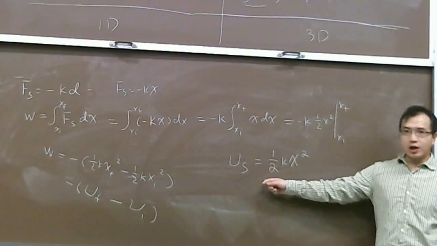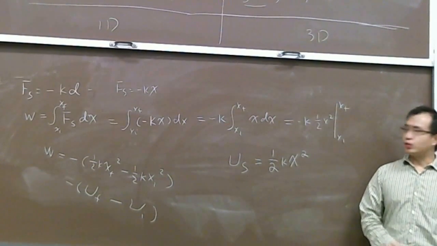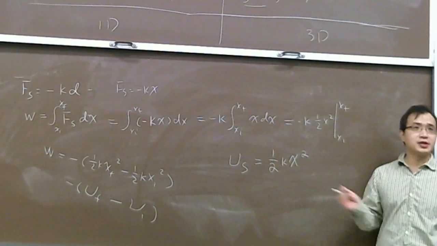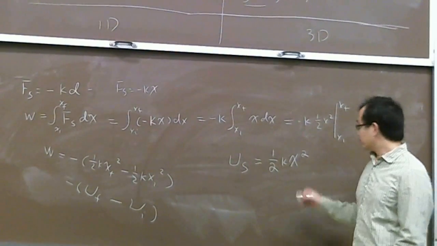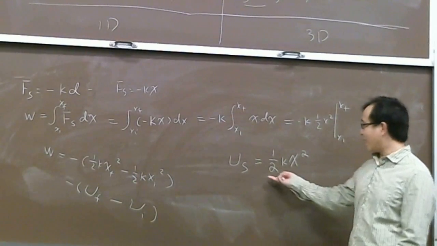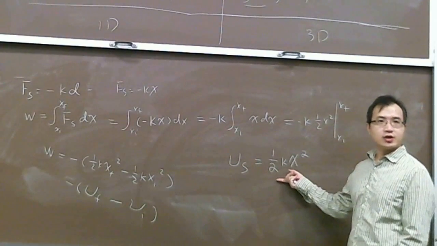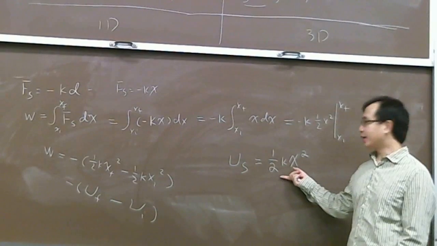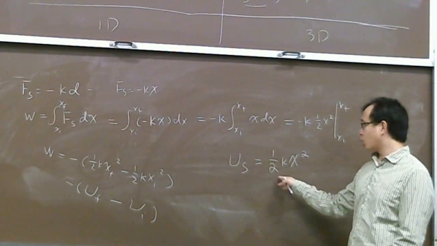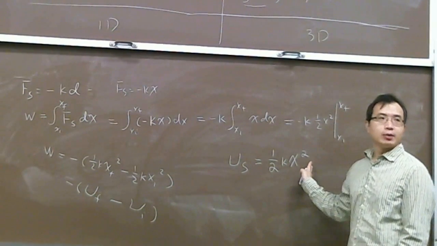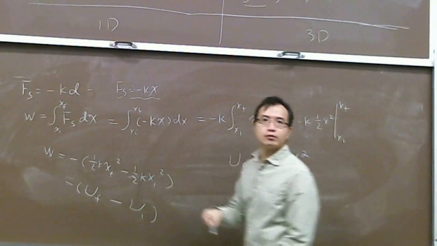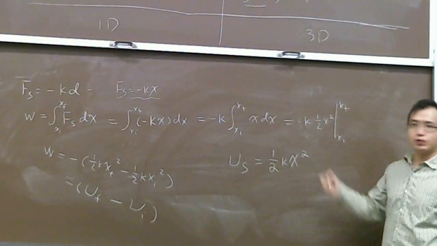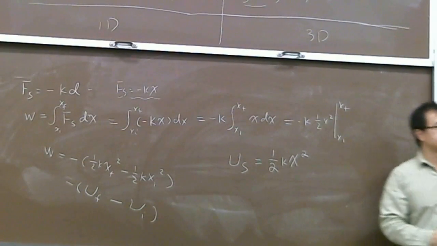Again, the integral is a way to relate everything here. I want to emphasize, in some previous class, we had to memorize this definition separately. We say that spring potential energy is always 1/2 k x squared. But you can see this is just the direct result of the force. If you integrate it, you get the work.